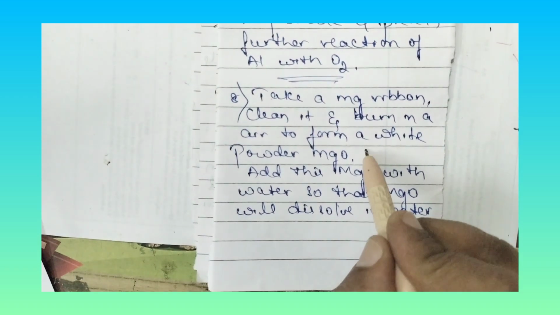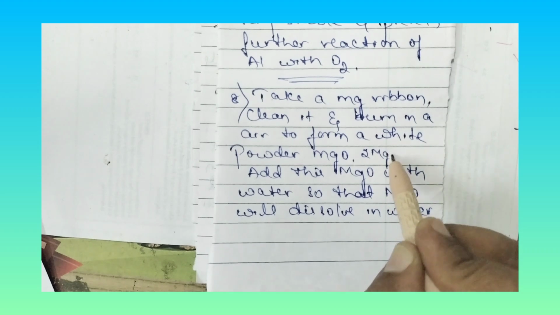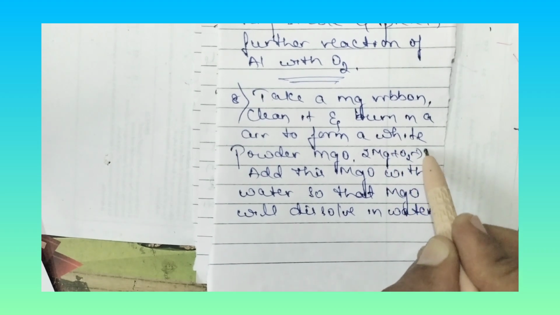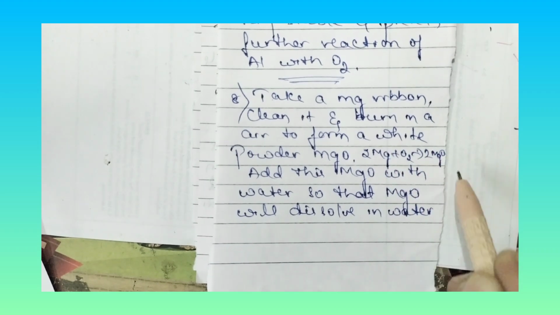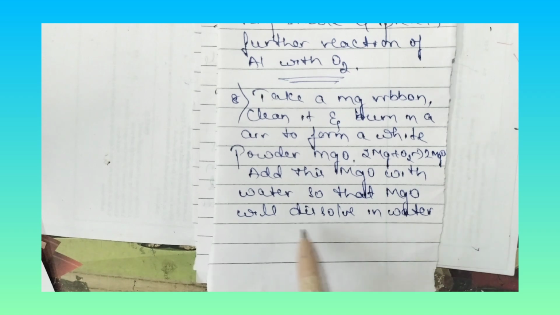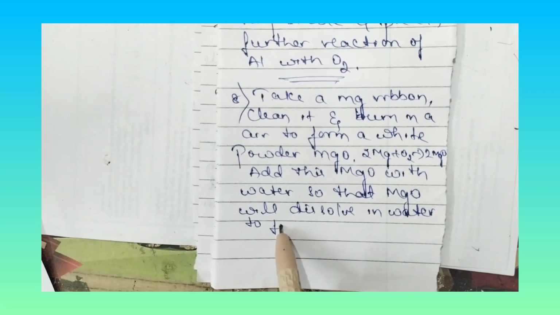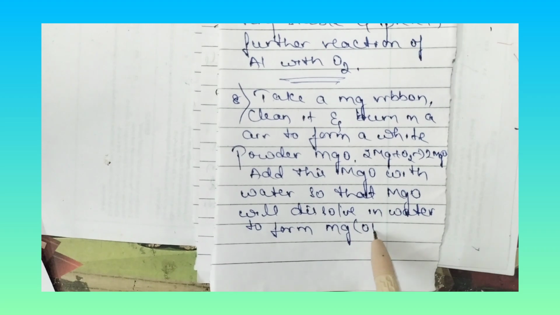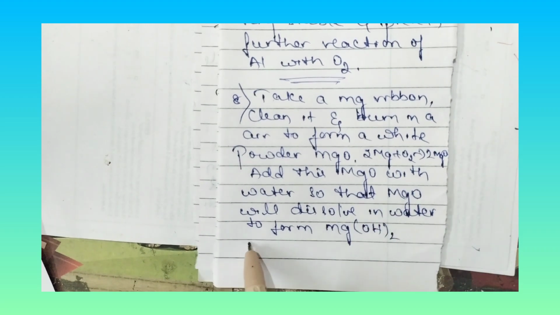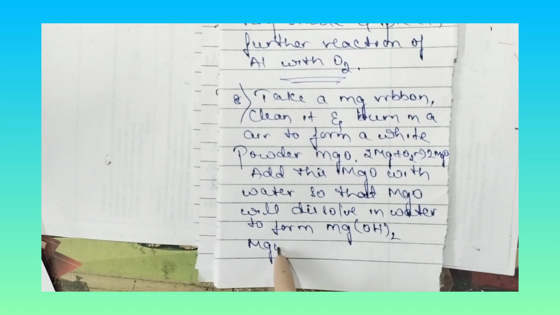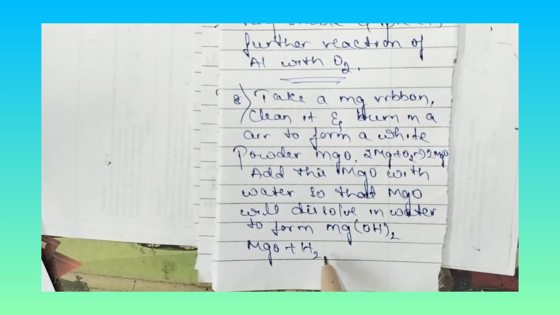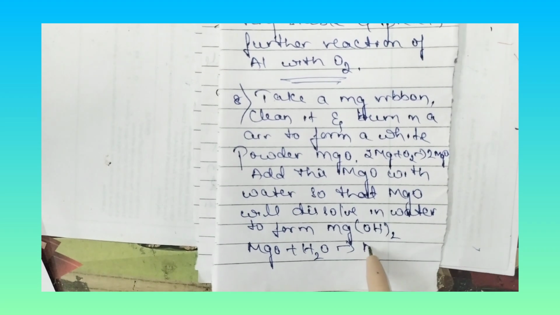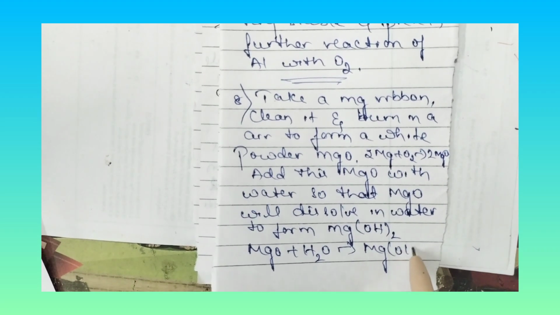For this, the equation is 2Mg plus O2 give rise to 2MgO. It dissolves in water to form magnesium hydroxide. So MgO plus H2O give rise to Mg(OH)2.